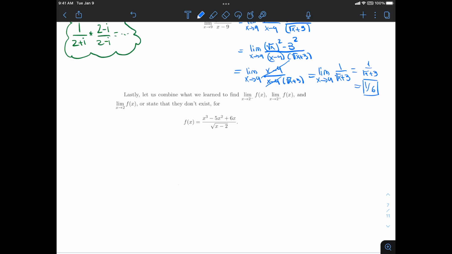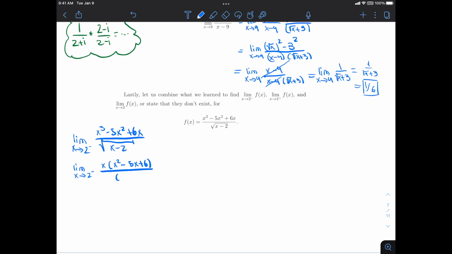Let's do this last example to see what we get from it. So if we try and calculate, let's say first, the limit as x approaches 2 from the left of x cubed minus 5x squared plus 6x over root x minus 2, first of all, I can pull out an x from the top to get x squared minus 5x plus 6, and that's a regular quadratic function.